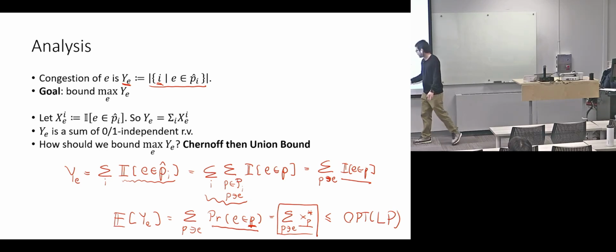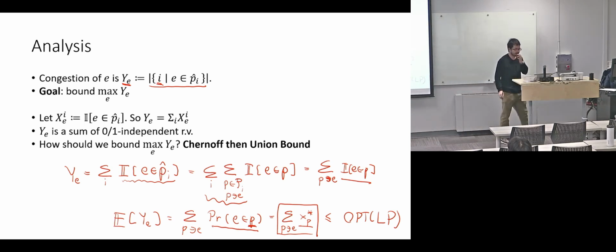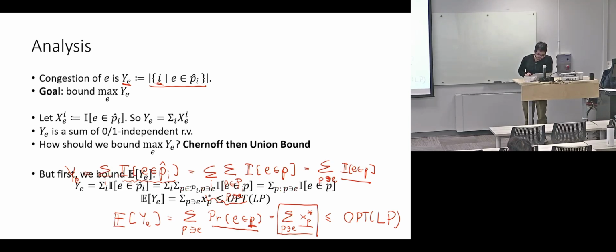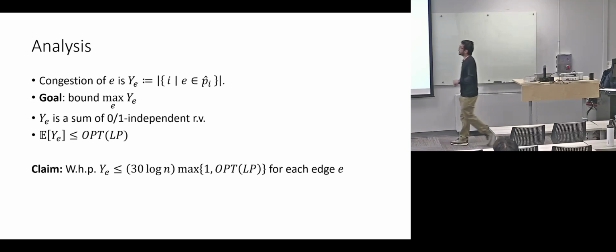The fractional congestion is at most OPT of LP. Okay. Oh, I'm a bit over time. So now you get that Y_e is a sum of 0-1 independent random variables. The expectation is at most OPT of LP.